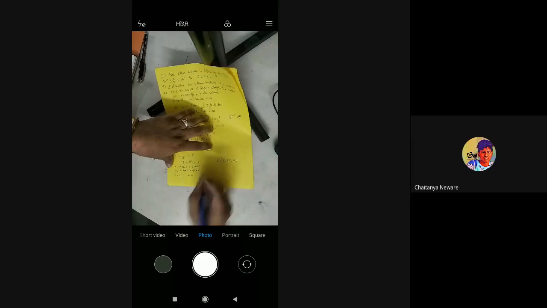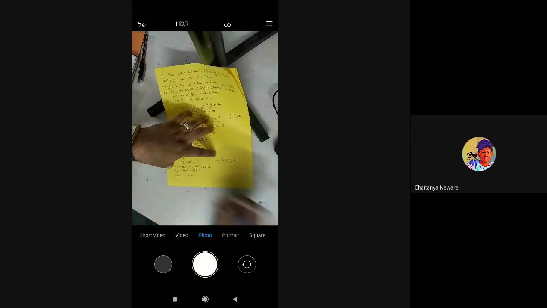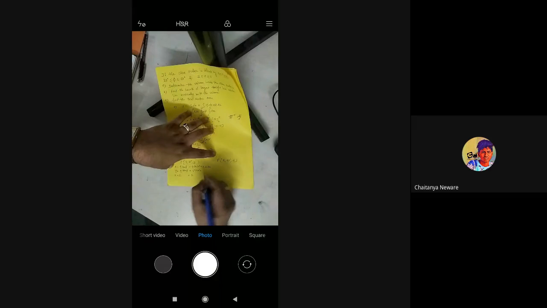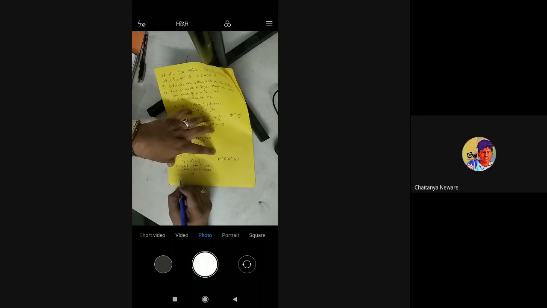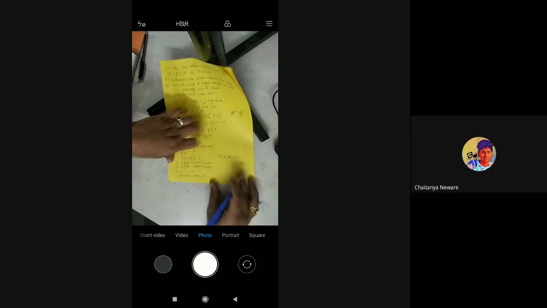So 4 cos 30 is 0.6170, and y is minus 3.952, and z is 2. So the coordinate of P in Cartesian is 0.6170, minus 3.952 and 2.